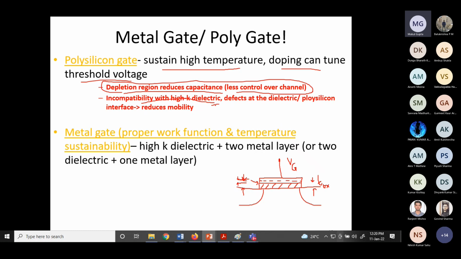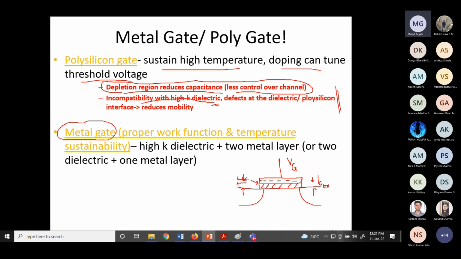You see, it is no longer SiO2. So people started replacing polysilicon. What we are going to do is come back to metal gate again. So we have an oxide, whether it is SiO2 or high K dielectric material, and a metal gate on top rather than polysilicon gate. But you can't use aluminum.